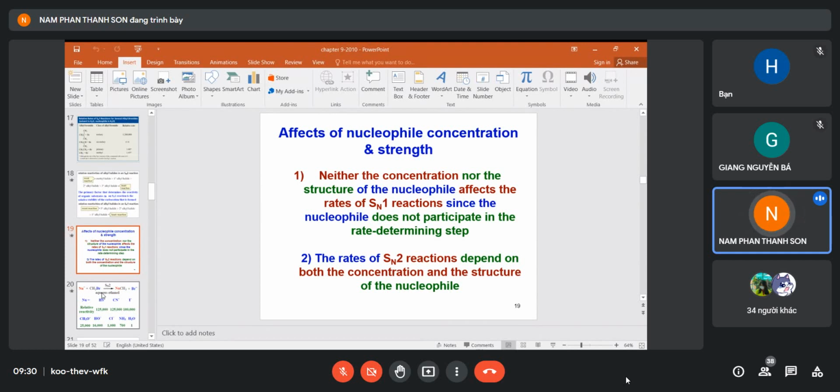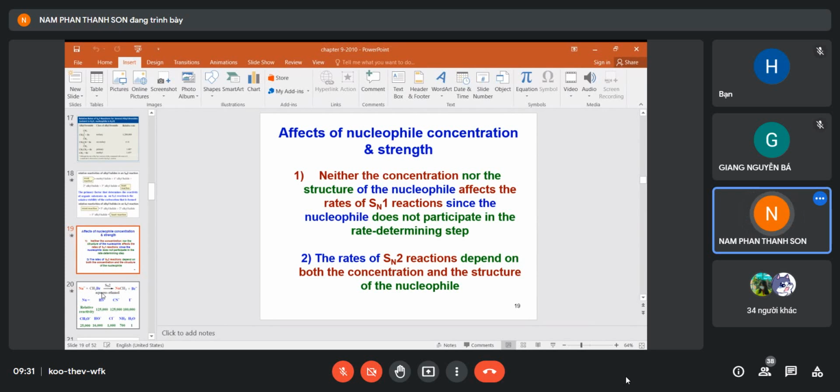It doesn't matter. But for SN2 reactions, in the rate determining step, we have 2 species, the alkyl halide and the nucleophile, I mean the negative attacker. So the concentration and the structure of the nucleophile will control the SN2 reactions.